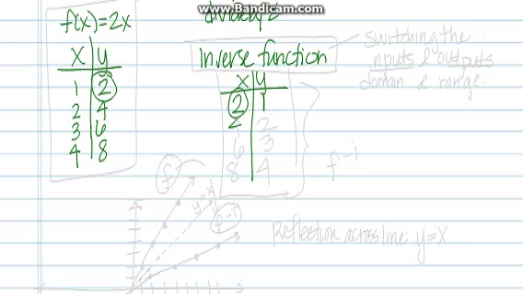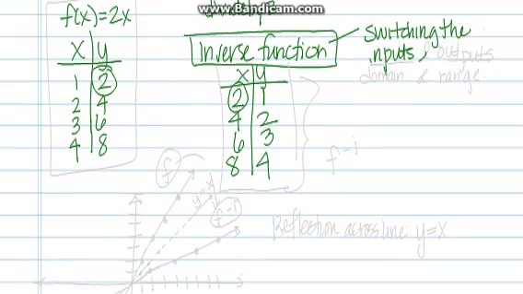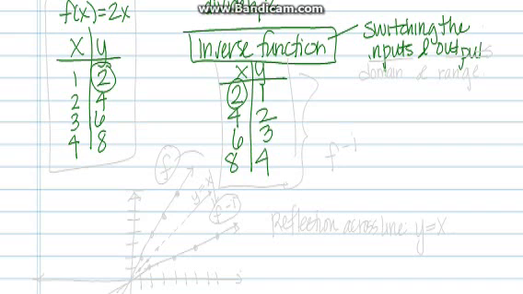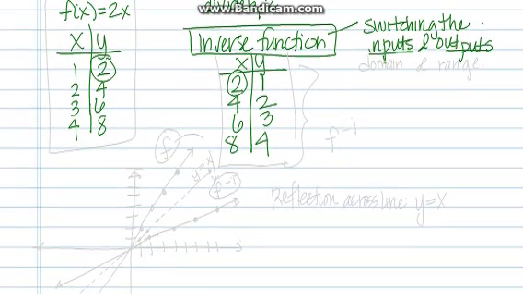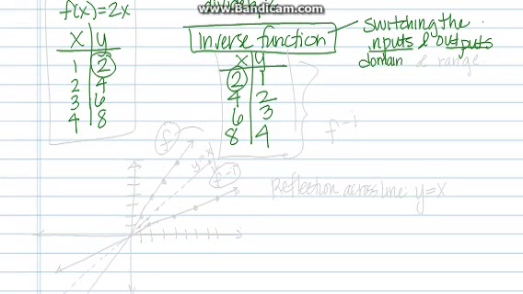So 2 goes to 1, 4 would go back to 2, 6 would go back to 3, and 8 would go back to 4. So really we could think about the inverse function as switching the inputs and the outputs, or we could say the domain and the range.